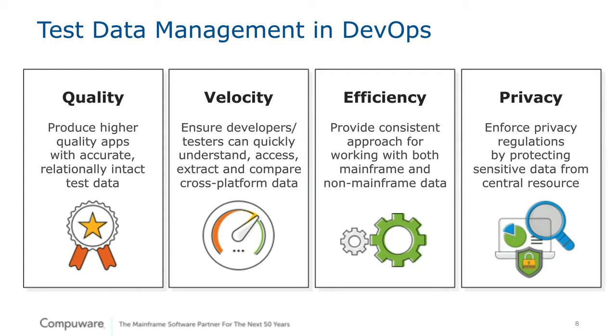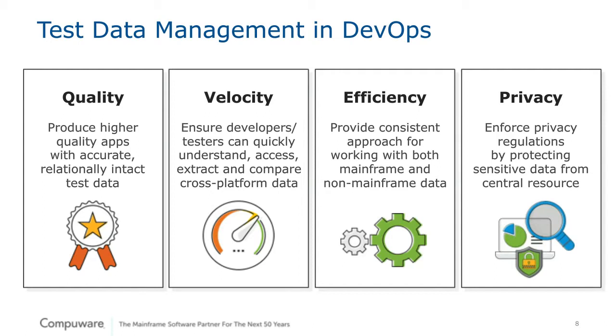So really we need to make these things go in concert so that we can produce higher quality apps and allow our developers to move more quickly through the process. And by doing that, you need to have that good test data. Again, we're going to talk a lot about the need of the data for testing purposes. If you have that, then we can help improve both of those metrics.